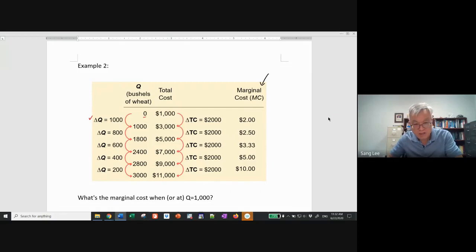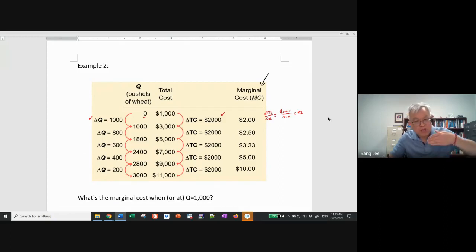Then what's the change in total cost? Total cost increased from 1,000 to 3,000. So change in total cost is 2,000. So change in total cost divided by change in Q is $2,000 divided by change in quantity, 1,000, which is $2.